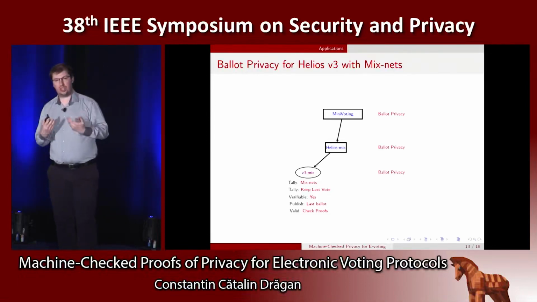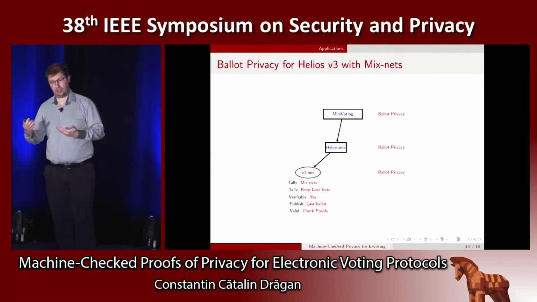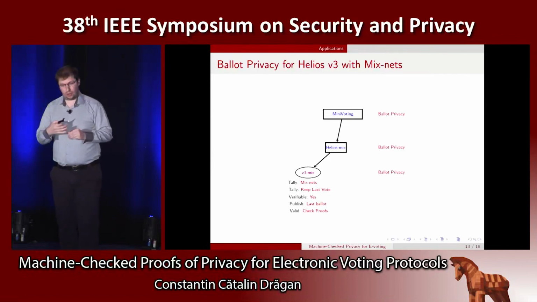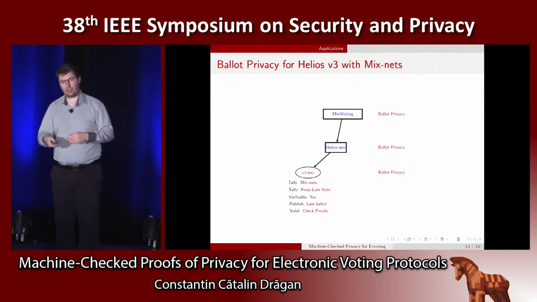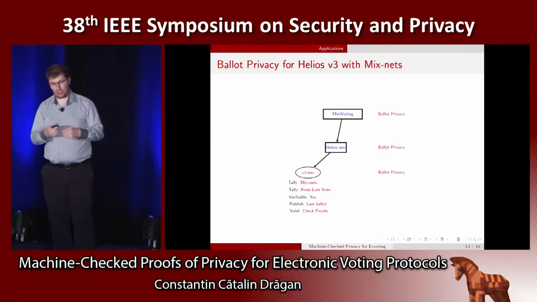It's a modular system that allows proving abstract statements for a general context, and then instantiating this to a particular context, such that when we get to the latest version, we just need to show that our instantiation satisfies some abstract assumptions, and then we also get ballot privacy for free.